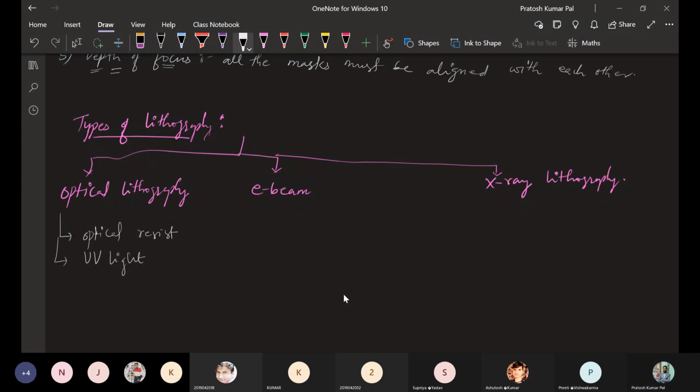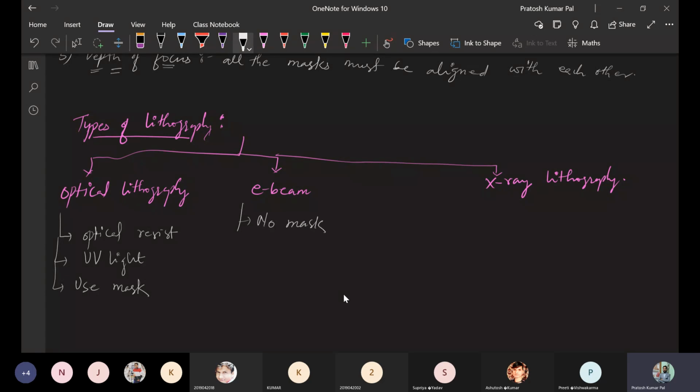Okay. In the case of e-beam lithography, we will not be using any masks. In optical lithography, as we have seen, a mask is used, and the selected portion of the mask is exposed to light, and the other portion is opaque. But in the case of e-beam lithography, no mask is used.